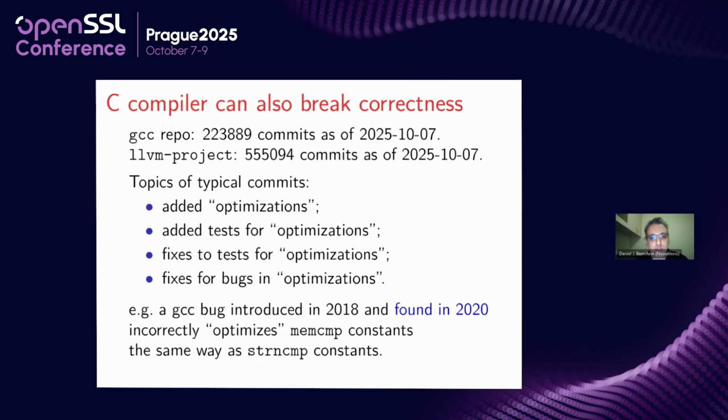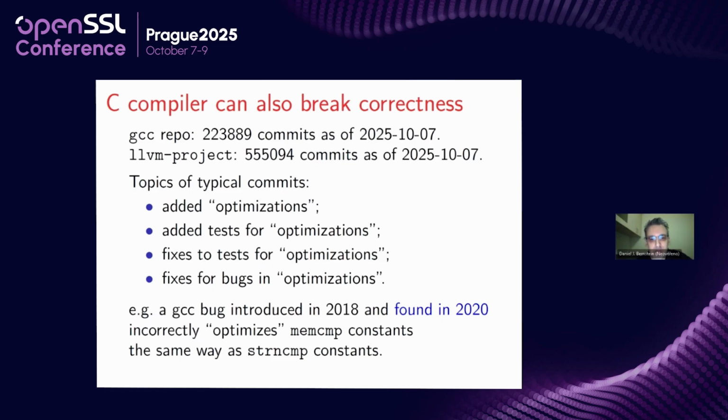There are billions of these examples, but I picked one which is, if you're doing memcmp and you're comparing something against a constant byte array, then this bug meant that GCC was trying to optimize that in the same way that it would optimize strncmp. So it was sort of looking only for the first null byte in the array, which is often just wrong, and the optimization would produce bugs.